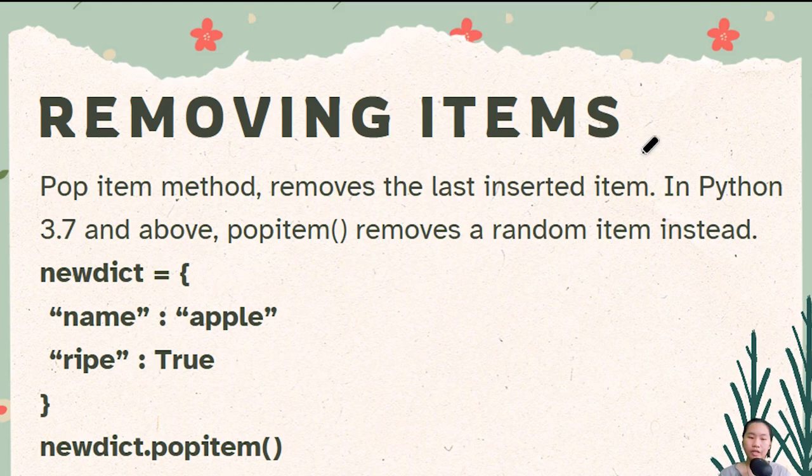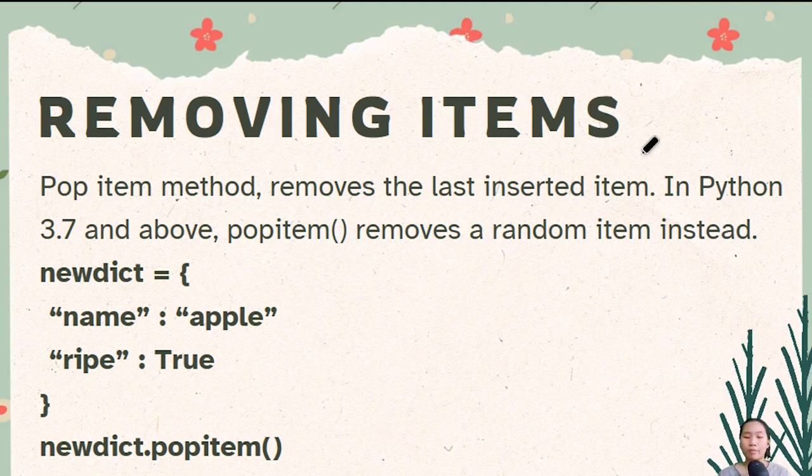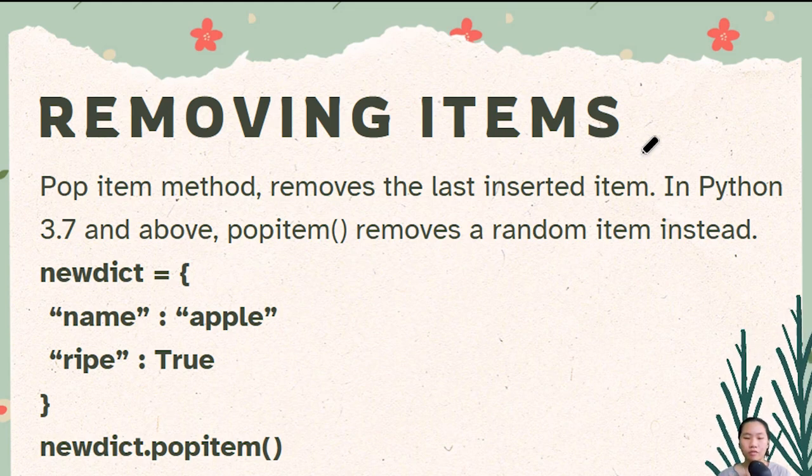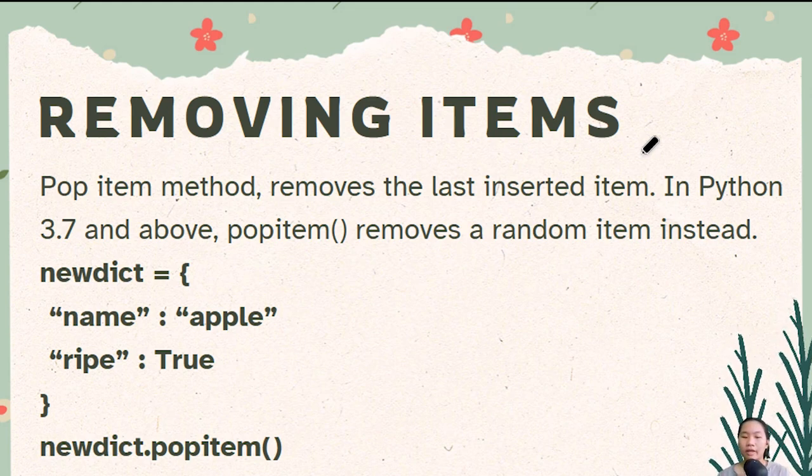Another variation of the pop method is the popitem method, where it will remove the last inserted item, so there's no need for passing in any arguments. It's empty between the parentheses. Now in Python 3.7 and older, popitem removes a random item instead.